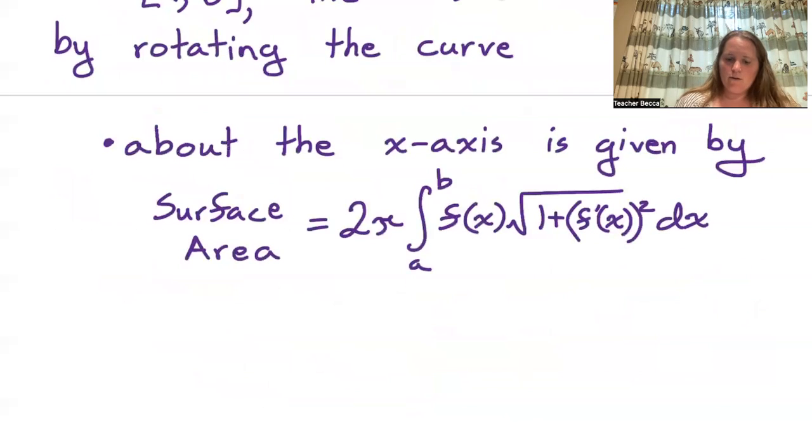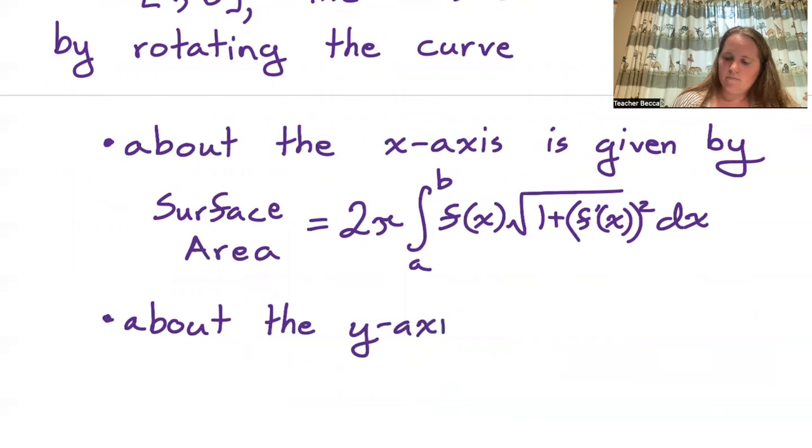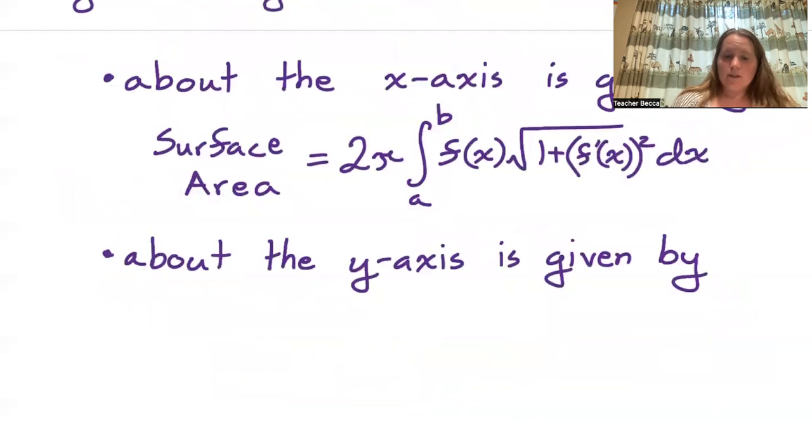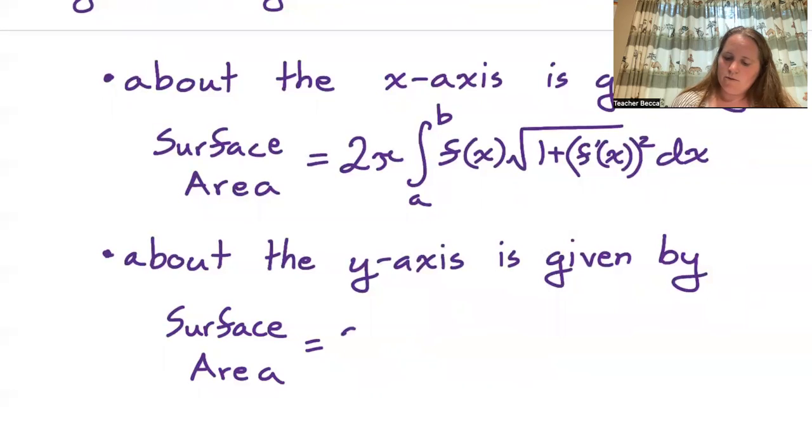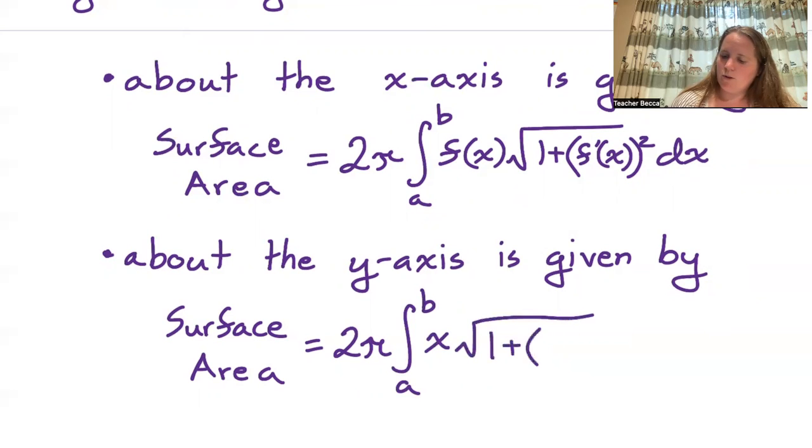And rotating the curve about the y-axis, the surface area is equal to 2 pi times the definite integral from a to b of x times the square root of 1 plus f prime of x squared dx.